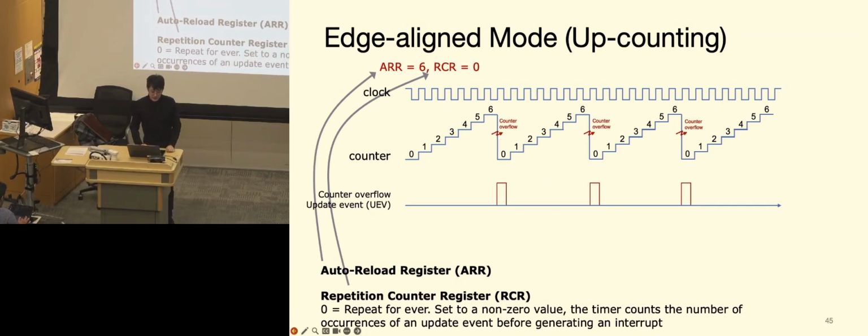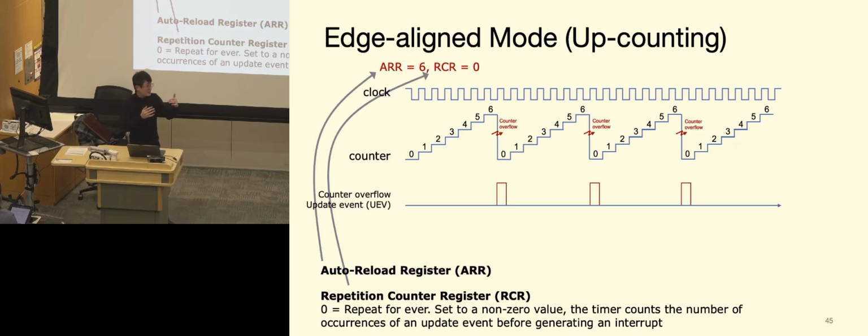It's called the RCR, the repetition counter register. In this case, it's set to 0. What this does is add an additional counter to count how many periods there have been, or to say that this should happen every so many periods.